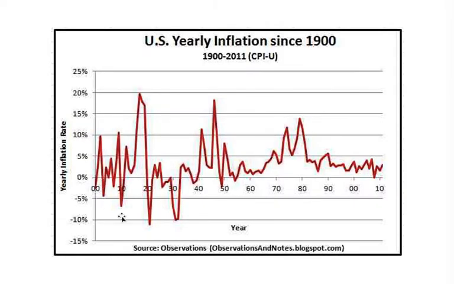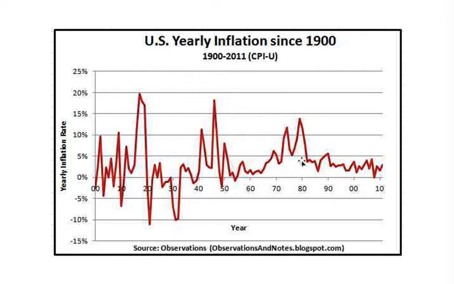If we're looking at the US, this is what the US's inflation has looked like since 1900. If we divide the graph in half, the first 50 years of 1900 compared to the last 50 years of 1900, what you'll notice is that inflation used to go up and down a lot more than it does now.